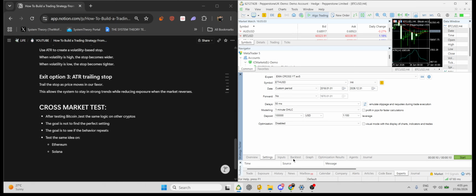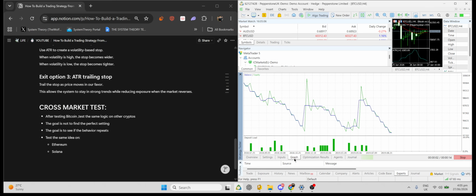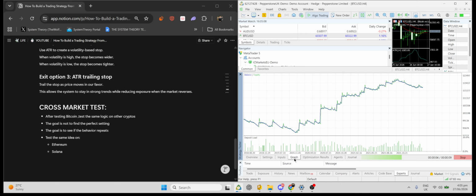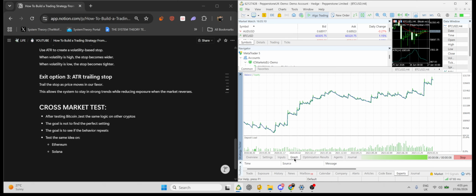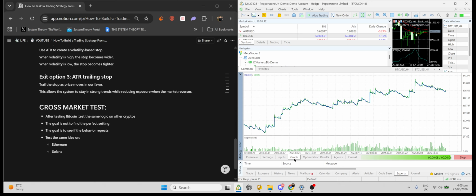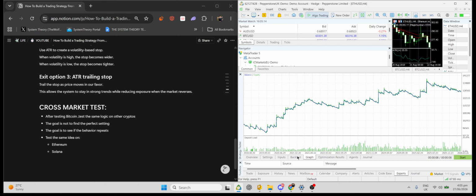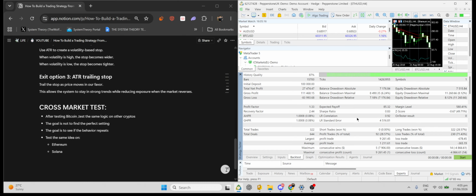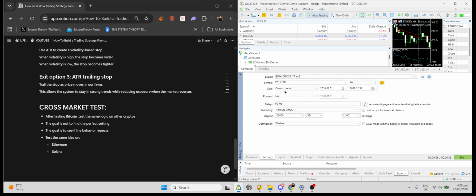So let's test Ethereum now. You can see that it also works on Ethereum. Not as good as Bitcoin, but we can see that the edge is there, so that's a good sign. Now, I won't test Solana because I don't have the data right now, but you get the idea.